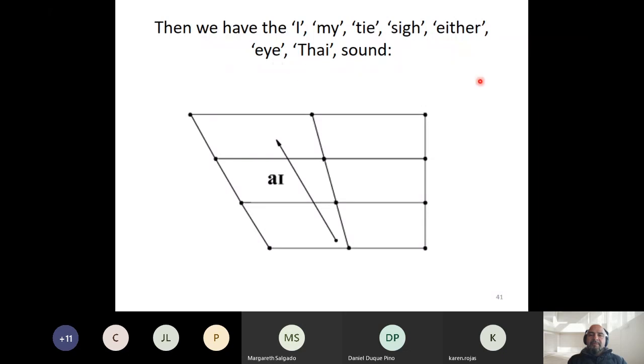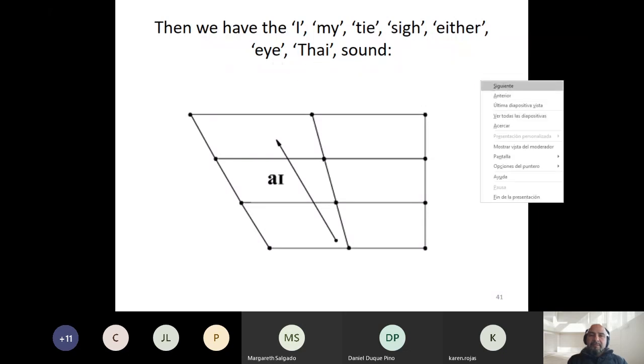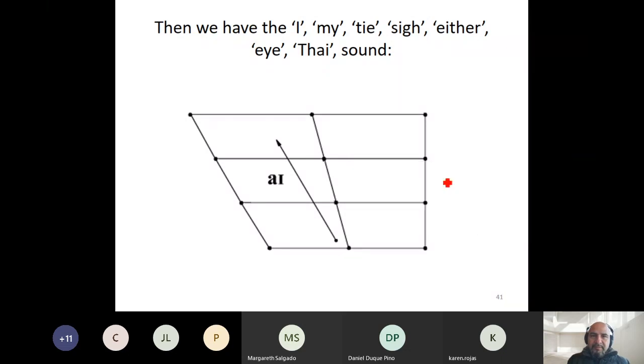Any comments? How do you call these ones? I didn't get the either. Either. Okay. Exactly.